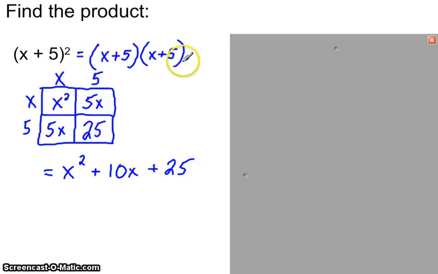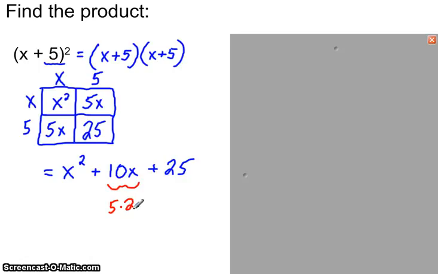And what I want to see is if we can see the pattern here of what's going on. We started with x plus 5 squared, and really what changes here is this 5. And here's the shortcut. If we see one of these binomials squared, we can do this without doing the window. Look at this middle term. It's a 10x. That's just 5 times 2.